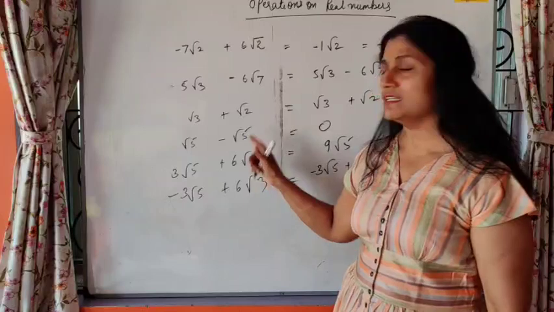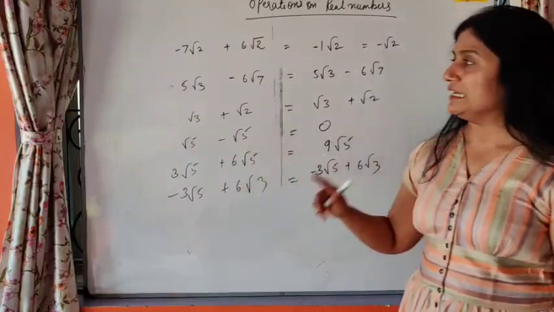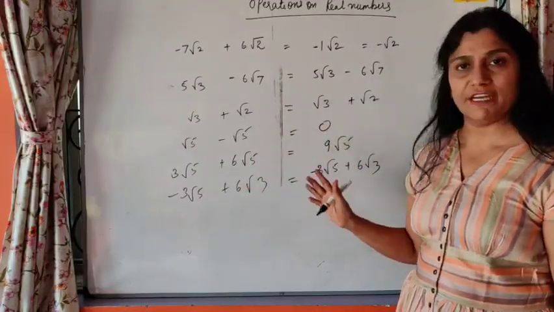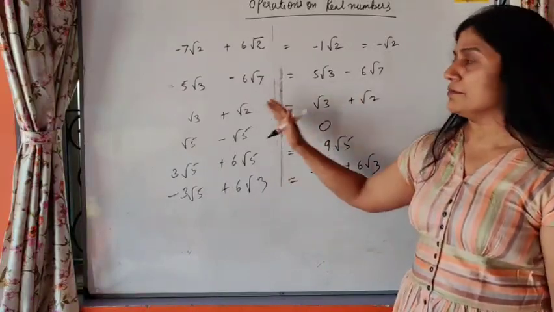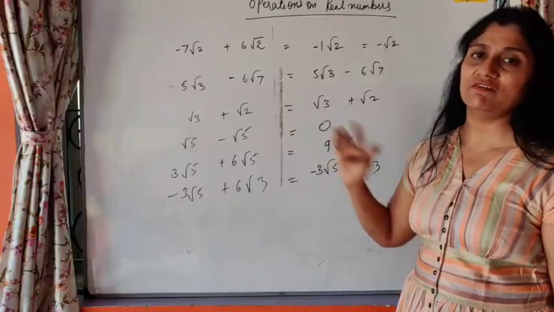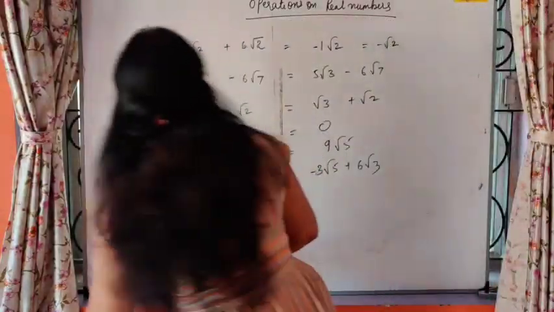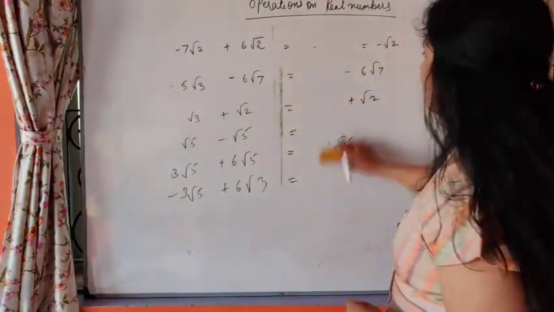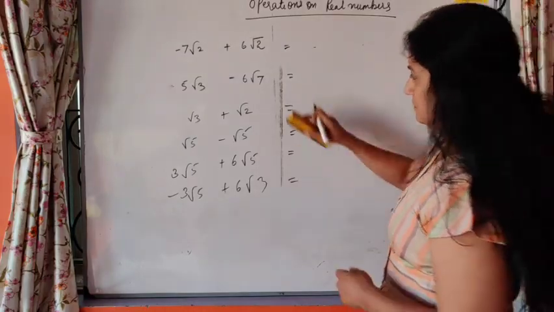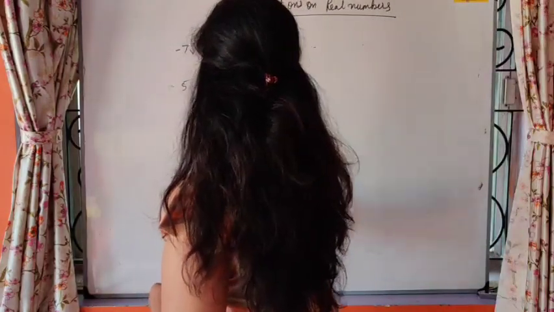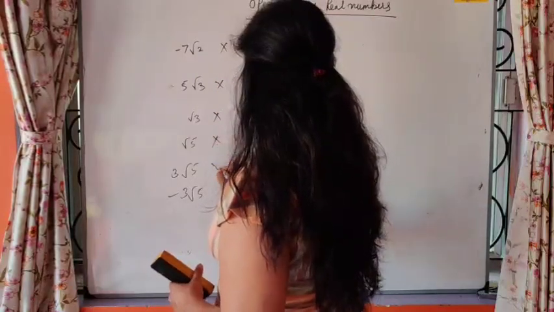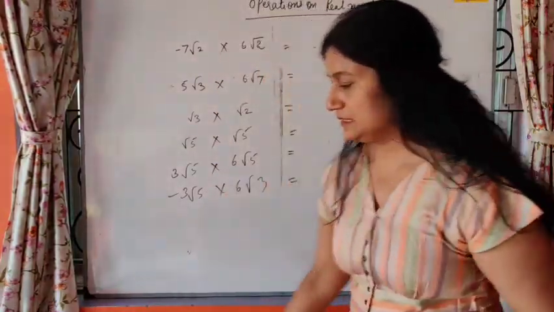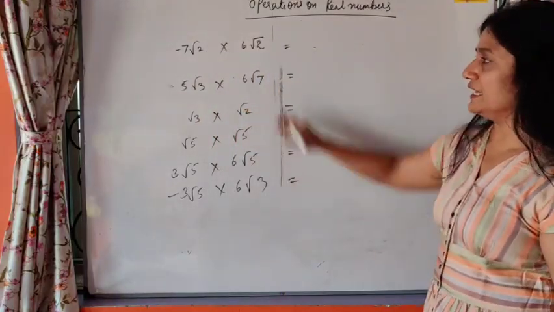Plus minus minus, sign of greater number; minus plus minus, sign of greater number; plus plus plus, sign will be plus; and minus minus plus, sign will be negative. But here, instead of addition and subtraction, if I write down multiplication, then how will you do? See, look at these very carefully.